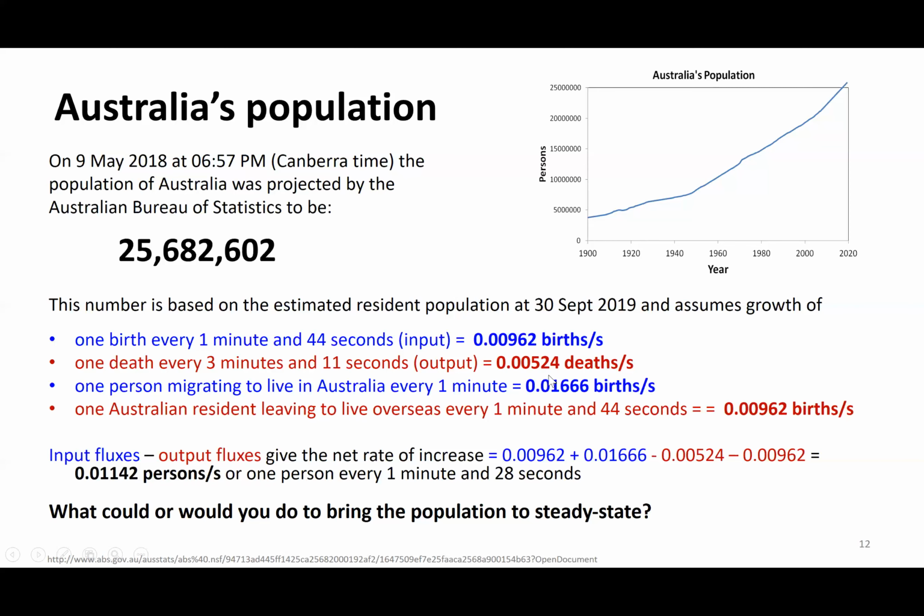Another interesting thing about the COVID-19 pandemic is if you work out the additional death rate due to COVID-19, we've had about 100 persons die over about 50 days, and that's only about 0.00002 persons per second. So that has a very small impact on the overall net rate of population increase in Australia.